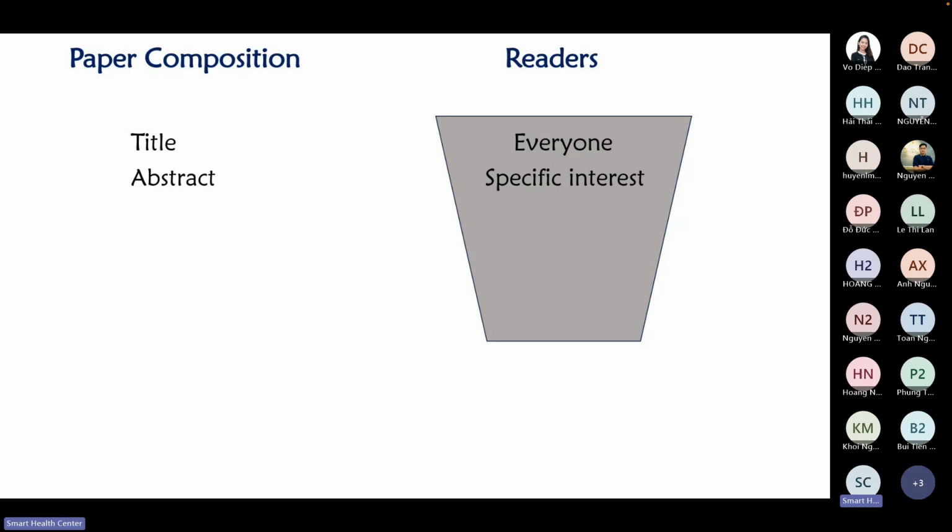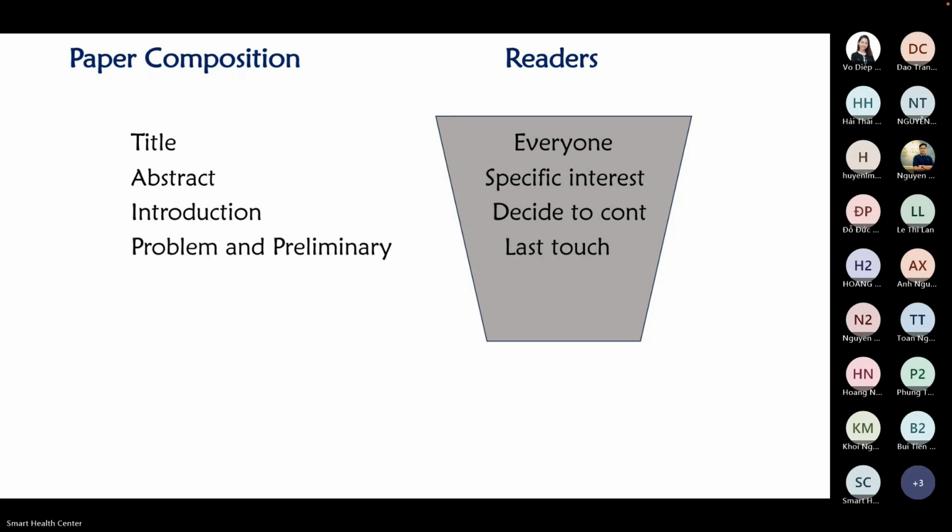Let's say 1,000 people read your title, maybe 100 people like the topic and will read the abstract. After reading the abstract, they read the introduction and decide whether to continue reading the paper or not. All right. And then they will scan the problem and preliminary sections, if they still like it, to see what the paper is actually about, right? So this is the last touch before they drop your paper or continue.